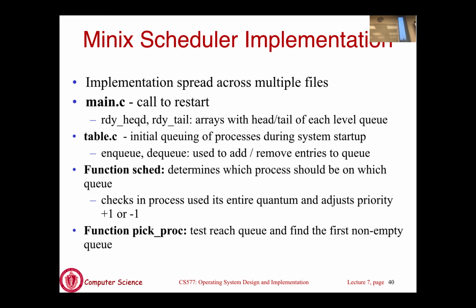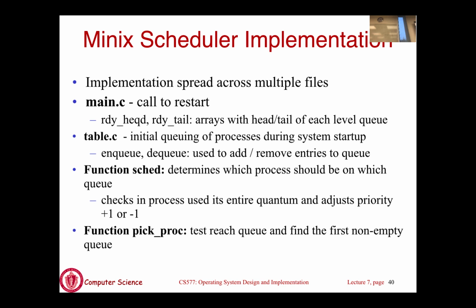The restart task is in main.c, and that main.c also has all of the queues that I was talking about. The heads and tails of all the queues of the MLFQ scheduler can be found in that file. The enqueuing and dequeuing of processes is actually done in table.c. I do not exactly know why it is different, but that is where it does it.